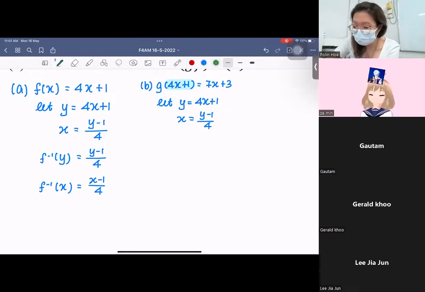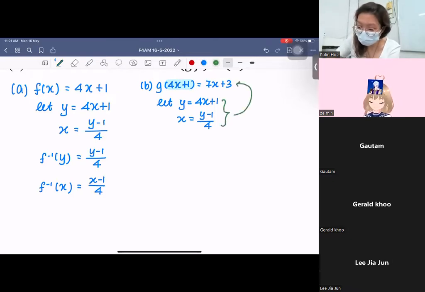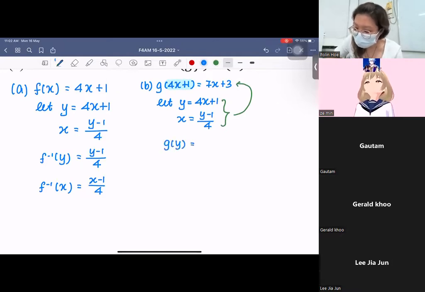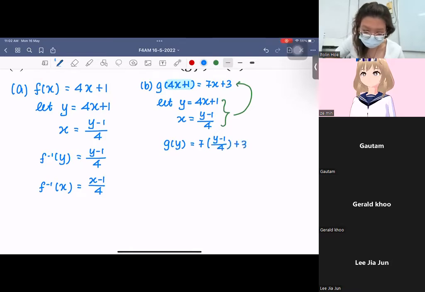Substitute these two back into this equation. g(y) equals 7x plus 3, so it should be equal to 7 times y minus 1 over 4, plus 3, which is 7y minus 7 plus 12 over 4.